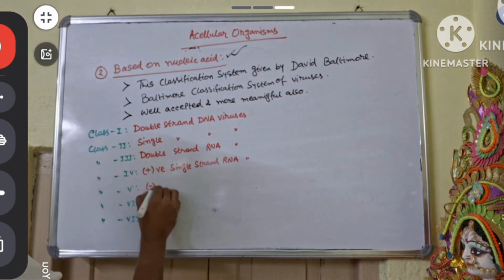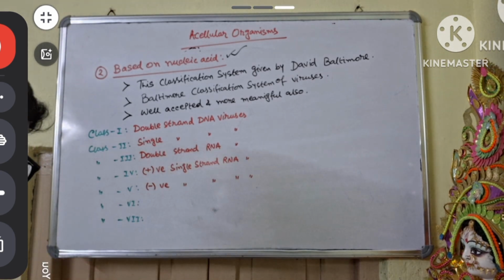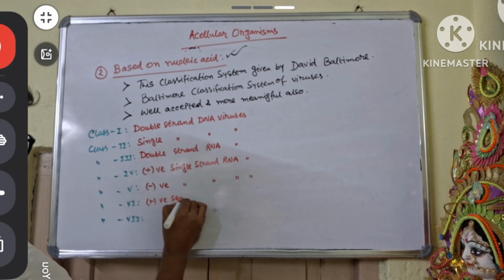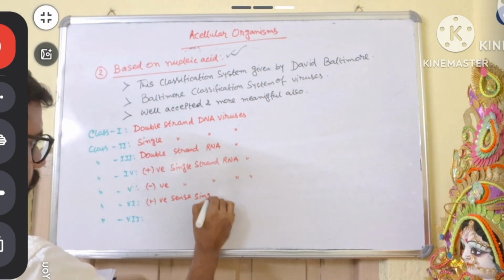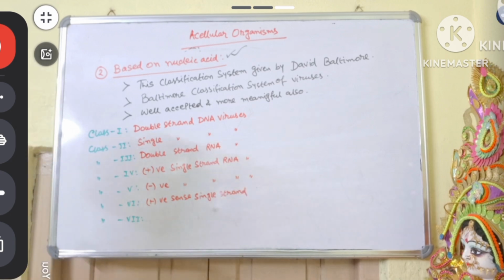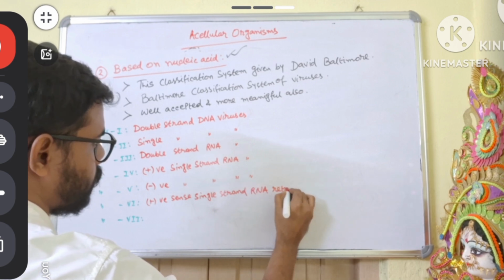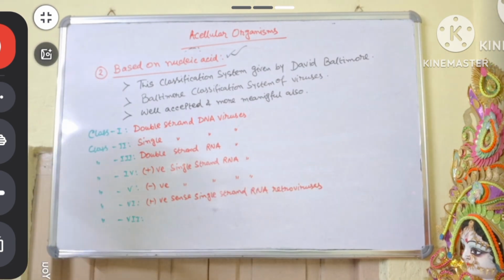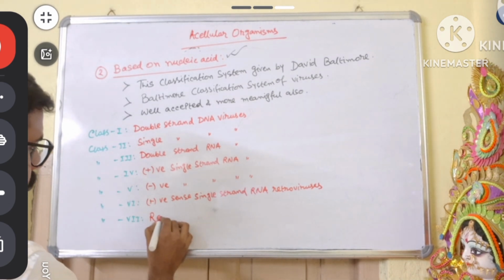Class 5, negative sense single strand RNA viruses. Class 6, positive sense single strand RNA retrovirus. And class 7, reverse transcribing DNA virus.